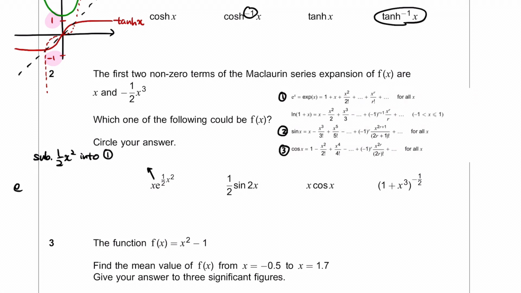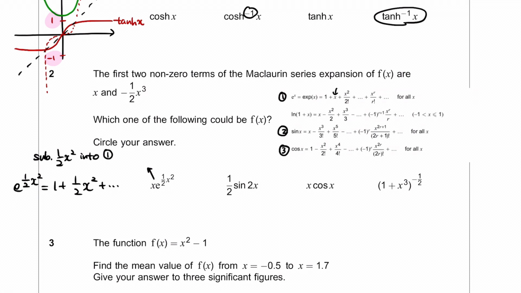If you do that, the expansion for the exponential is 1 plus half x squared, because we substitute this x with half x squared. And then afterwards, the power of x gets higher than 3, which is given in this question, so we're not going to look into it and just skip.